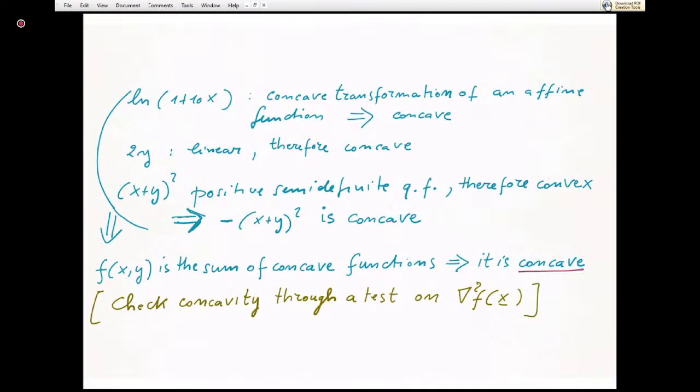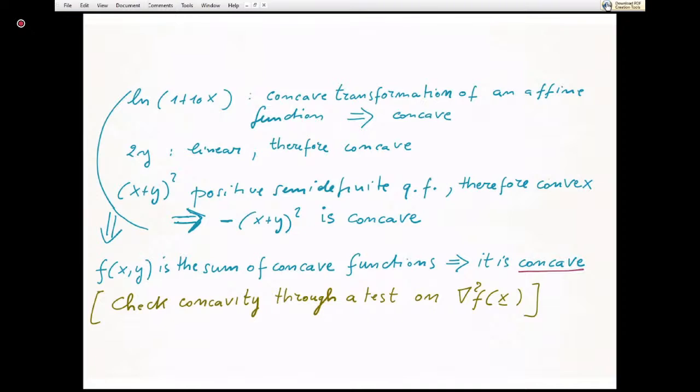My suggestion is to check for concavity of the function here, not by using the general criteria that we use now, but by using the Hessian matrix, and check that the Hessian matrix is negative semi-definite, or maybe even negative definite, for any x in the domain. Okay? So this is a useful exercise.